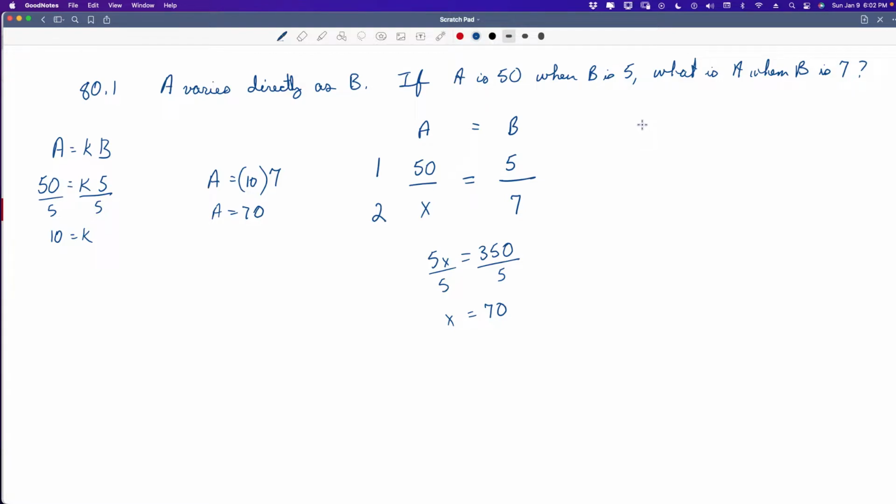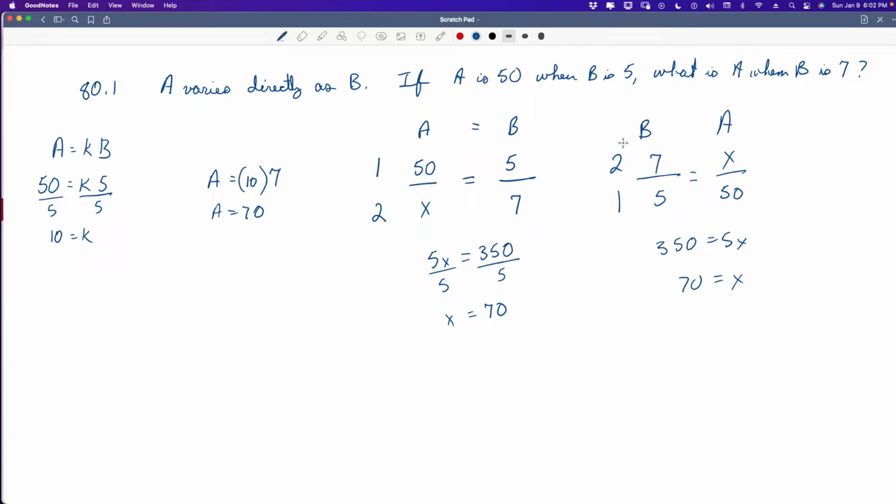So for instance, if I put B on this side and A on this side, and I put event 2 on top and event 1 on the bottom, such that this would be 7 over 5 equals x over 50, it would still be the same information. This would still be 350 equals 5x, so it would still be 70 is equal to x.